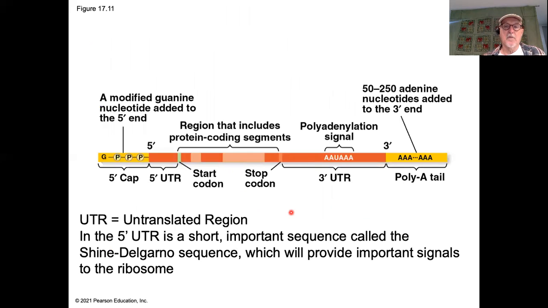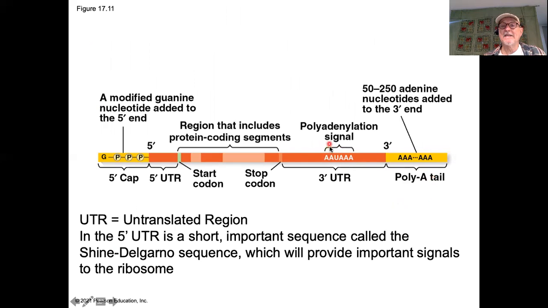So here's what the messenger RNA looks like in a eukaryote. Here is the poly A tail, lots of A's together. That was the signal in DNA.